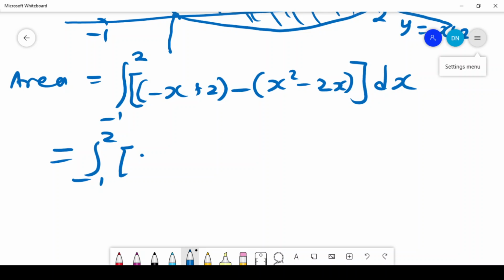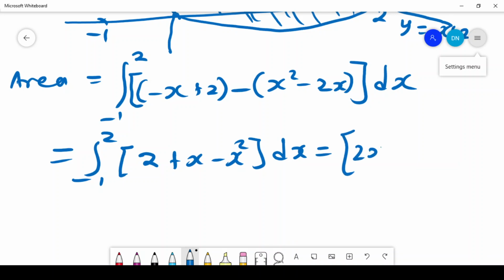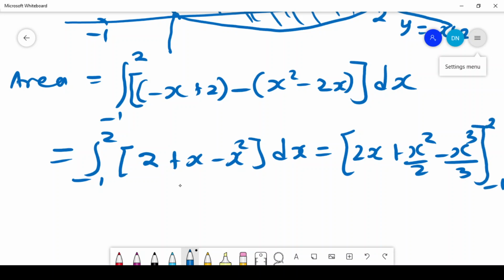And that gives us 2 plus x minus x squared dx, which is basically 2x plus x squared over 2 minus x cubed over 3 between negative 1 and 2. And if we continue, that will give us 4 plus 2 minus 8 over 3.